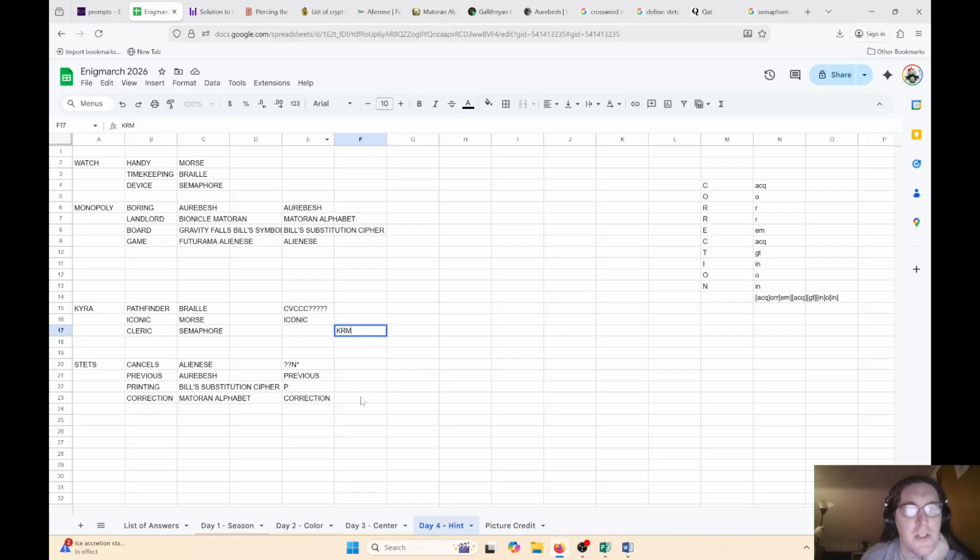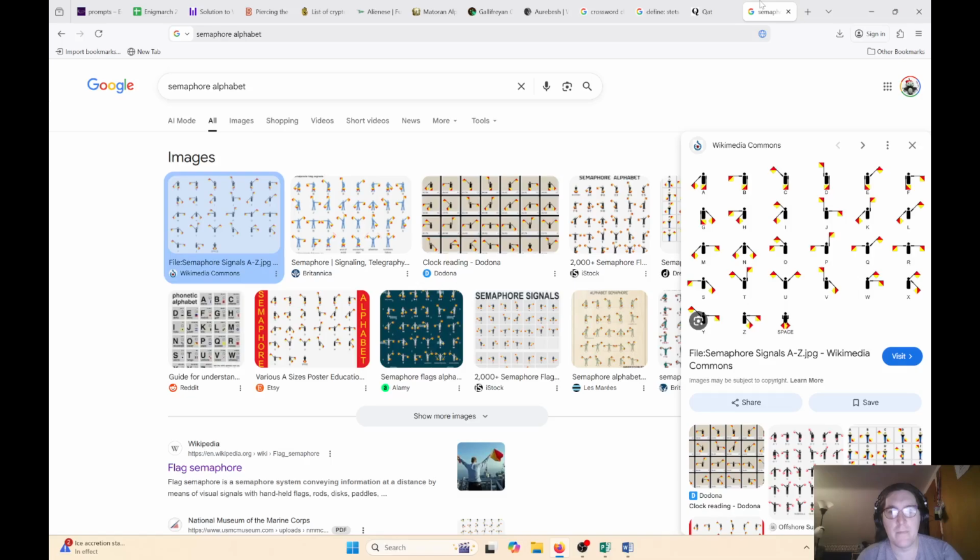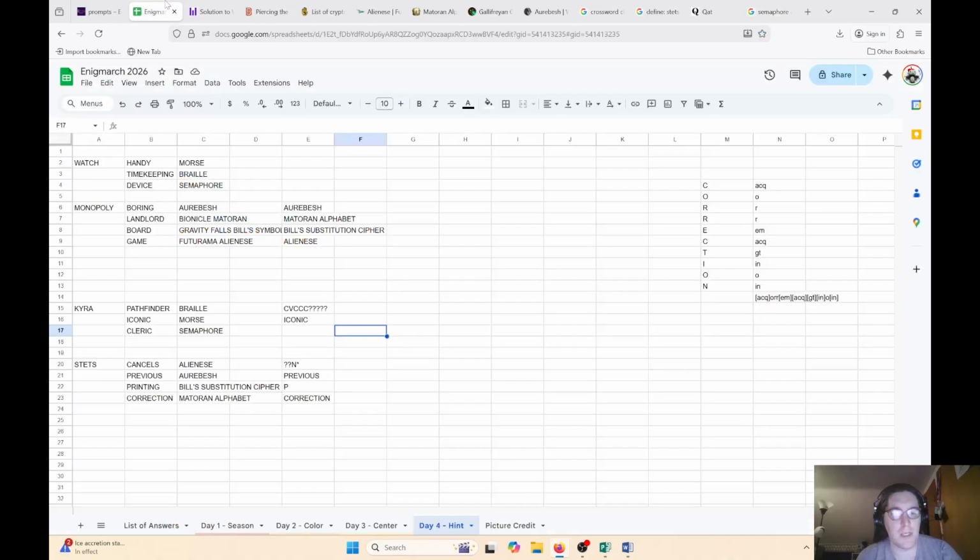Okay, what if they did mirror rotate it? So C becomes E, L becomes unknown, E becomes C, R stays at R, I becomes K, C becomes E.